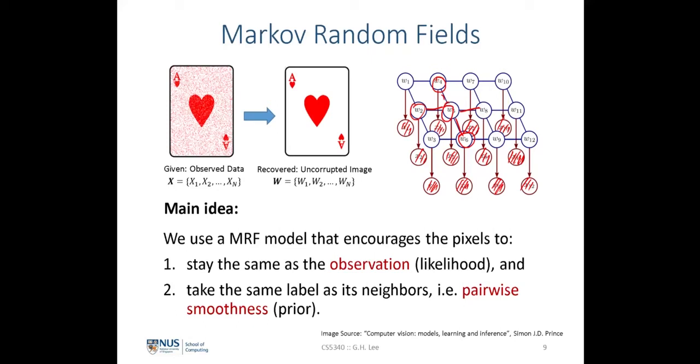This means that for each pixel I'm looking at in the uncorrupted image, represented by my latent random variable, it had better take the same state as its 4 nearest neighbors. This is because of our prior knowledge that in most naturally occurring images, neighboring pixels are more likely to take the same state.